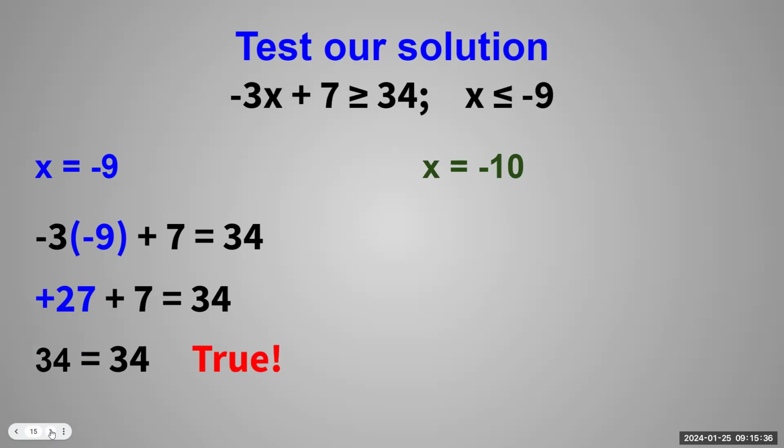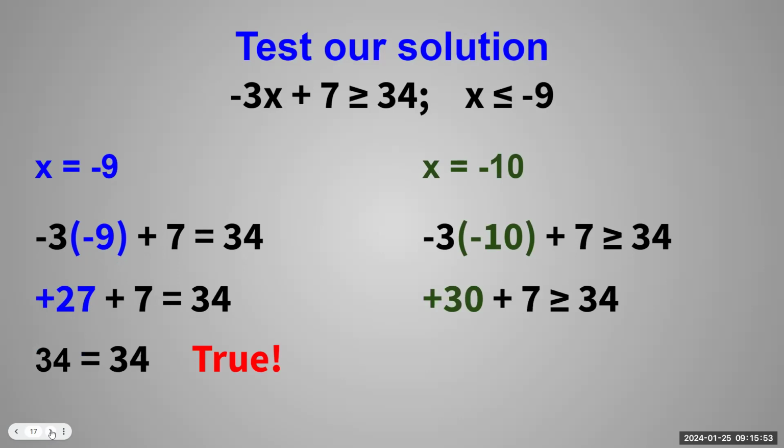So x does equal negative 9. Now we're going to make sure that it holds for values less than negative 9. Substituting x with negative 10, negative 3 times negative 10 will give us a positive 30. 30 plus 7 gives us 37, and that is greater than 34. We know that side of the inequality holds true as well.